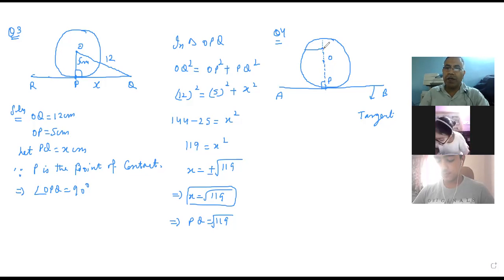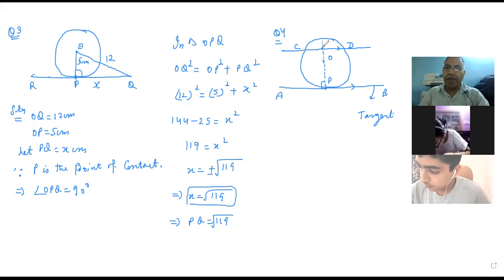A line which passes through this point, let the point be CD. This is the secant. So these two will be parallel to each other because this angle is 90 degrees. Here you will make an angle of 90 degrees like this with the help of a compass. So these will be parallel to each other.